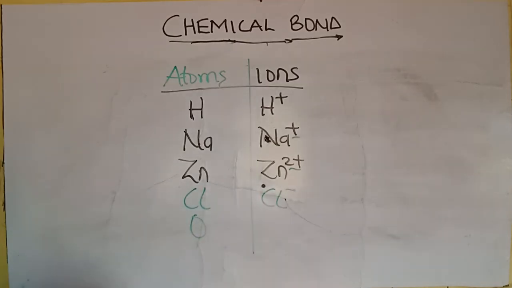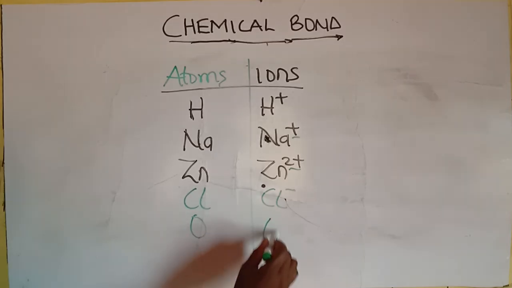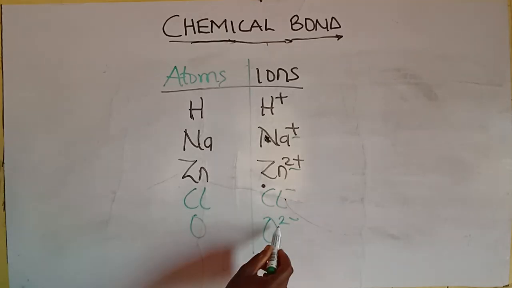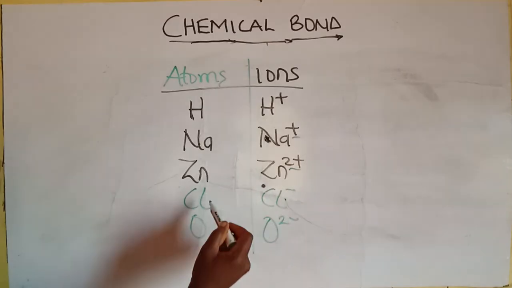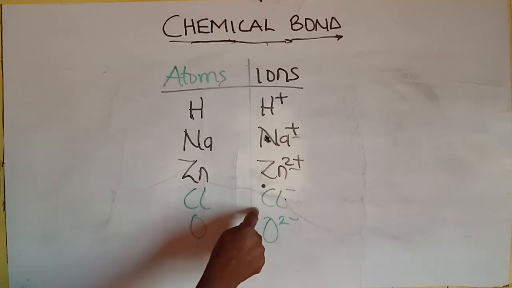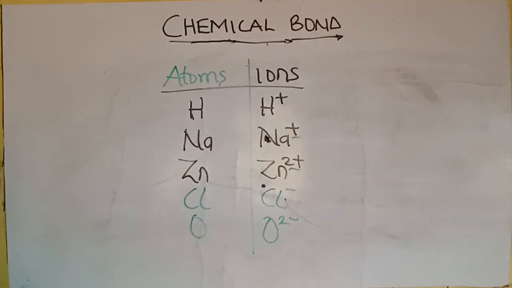And oxygen with a valency of 2 will form oxide ion. Chlorine gives a negative ion because it's an electronegative element that attracts electrons to itself. During chemical bonding, chlorine will attract one electron to itself because it already has 7 electrons in its valence shell, forming a negative ion.